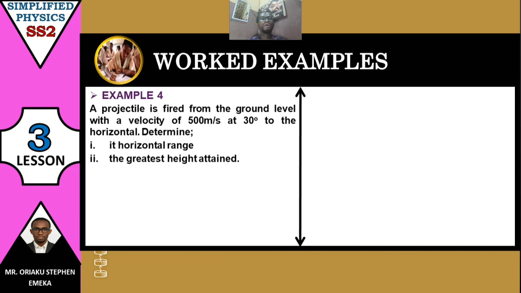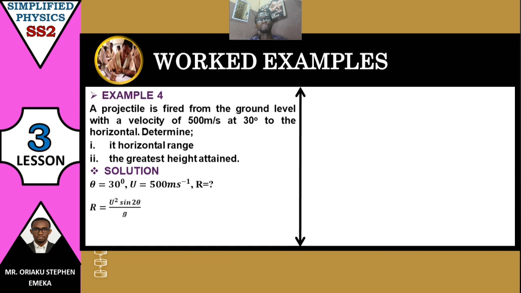Example 4. A projectile is fired from the ground level with a velocity of 500 meters per second at 30 degrees to the horizontal. Determine its horizontal range and the greatest height attained, that is the maximum height. So what is given? Theta is 30 degrees, and the initial velocity is 500 meters per second.